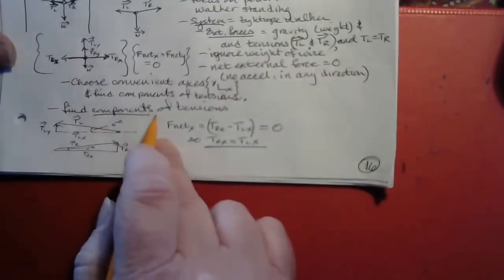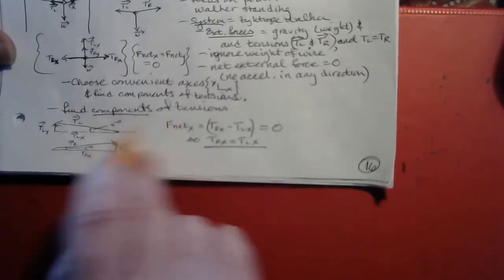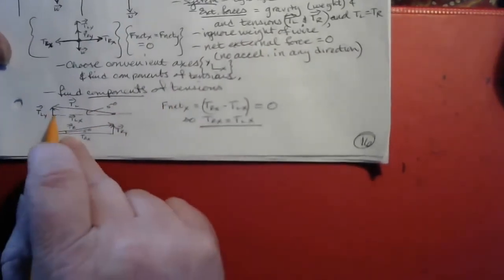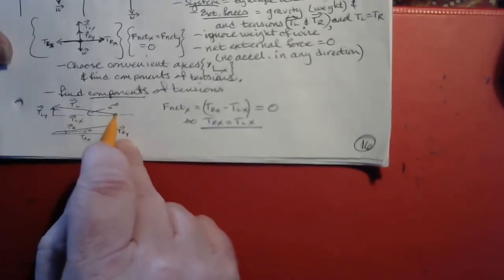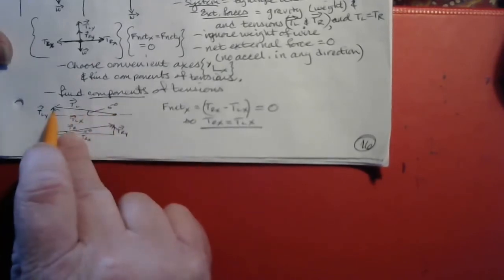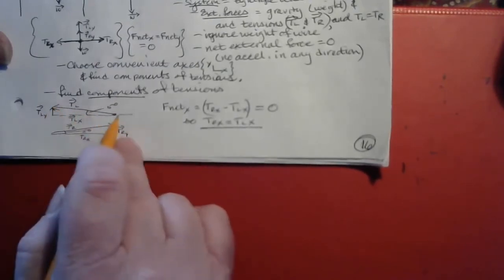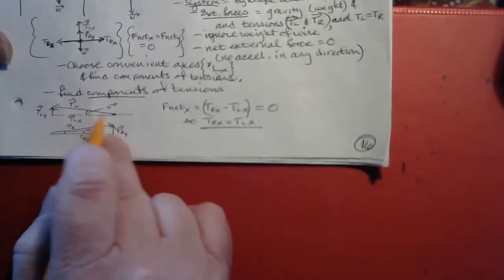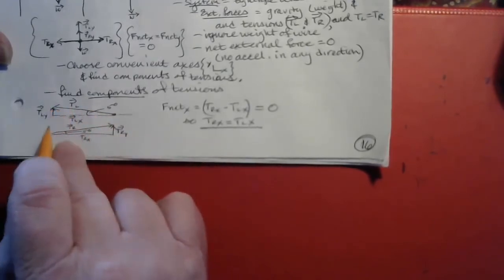Okay, what we have to do is find a value for the components of the tension in both the X and Y directions. So what we have here is a situation where, just looking from the tightrope walker to the left, we have the tension in the line to the left, and the line, of course, is deflected by 5 degrees, and it's rising a little bit to the left.